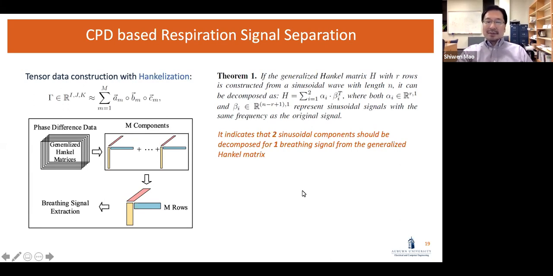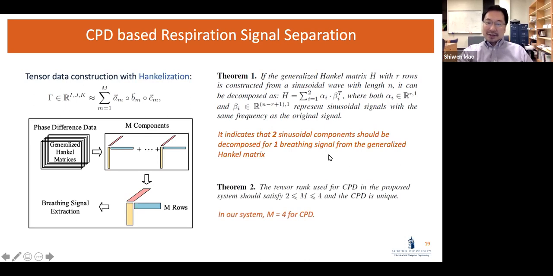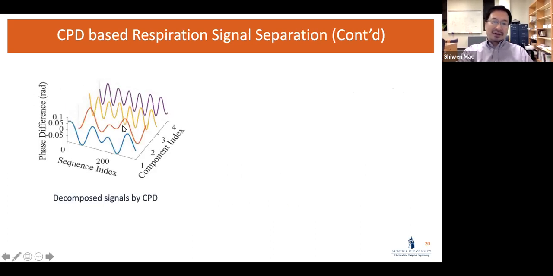But in the real world, we will always have interference and noise. So we can decompose this tensor into 4 components. Two of them, as this example shows, represent the human respiration signal, and the other 2 represent the interference from the environment.